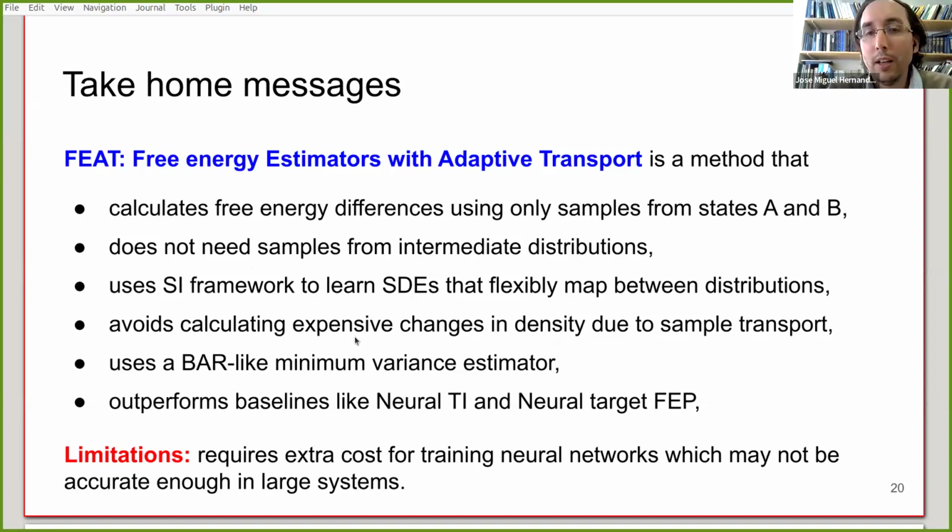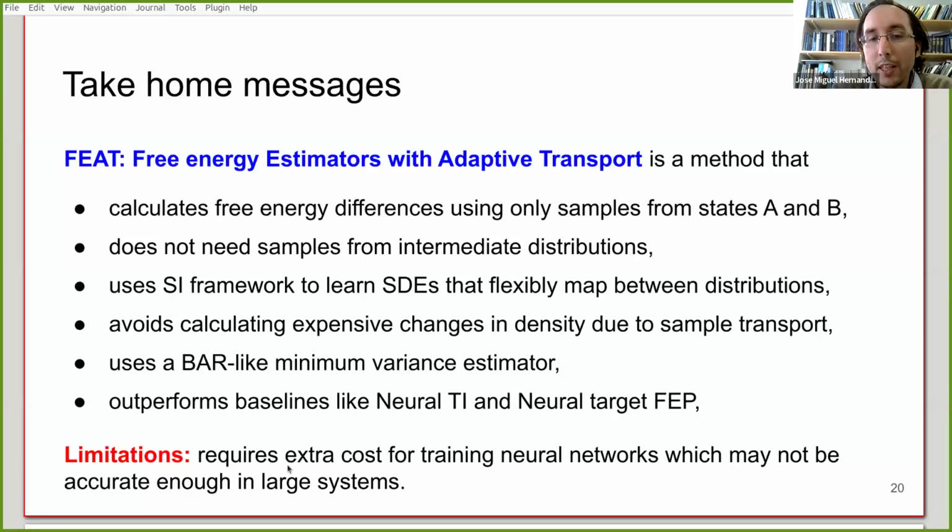It avoids calculating expensive changes in density, as you would need to do with continuous normalizing flows and in flow matching. And it reduces variance by using this bar-like style estimator. And we have seen that it outperforms other baselines like neural thermodynamic integration and neural target FEP.